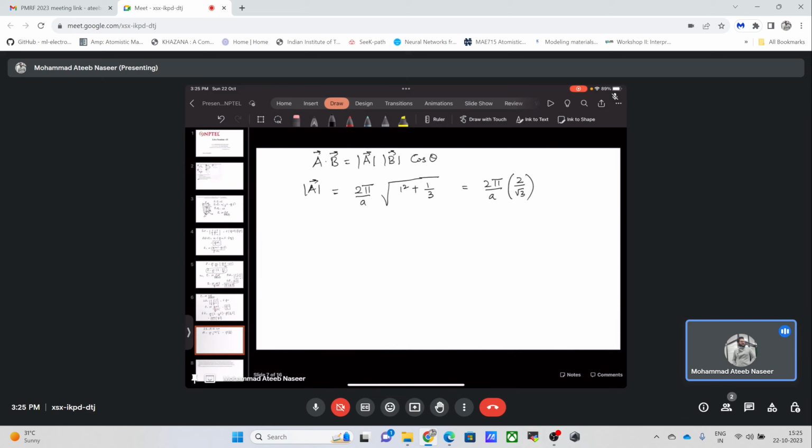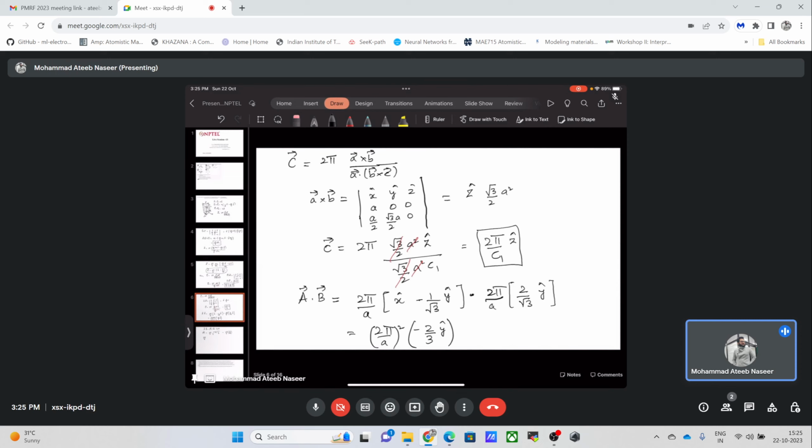So A dot B came out to be 2 pi by A whole squared times minus 2 by 3.